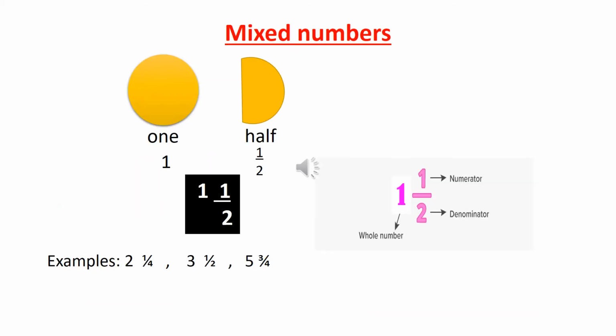Students, let's move on to mixed numbers. This is written as shown here and read as 1.5. This is known as a mixed fraction. For example, here a whole number 1 and a proper fraction half are added and the mixed number 1.5 is finally got.